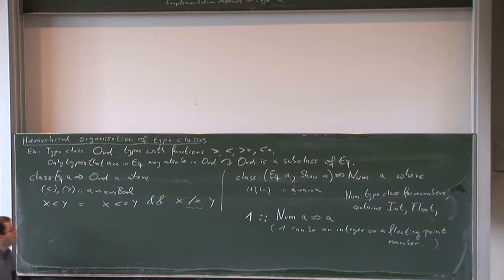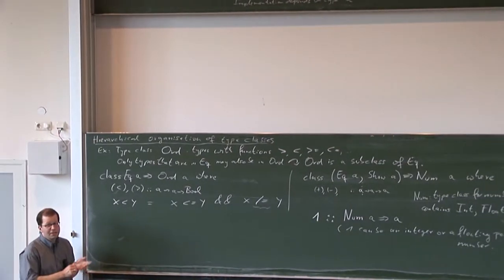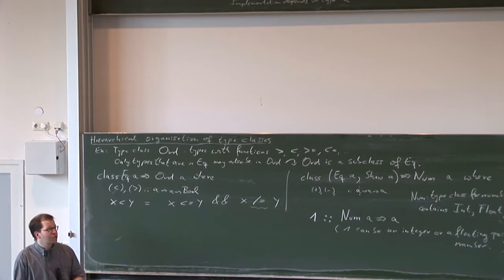Okay, so this is what I wanted to say about type classes and about types in particular. And this ends the introduction of the Haskell language. So now we have basically introduced all of the syntax that is needed. There will be a little more additions later on, but basically this is it.